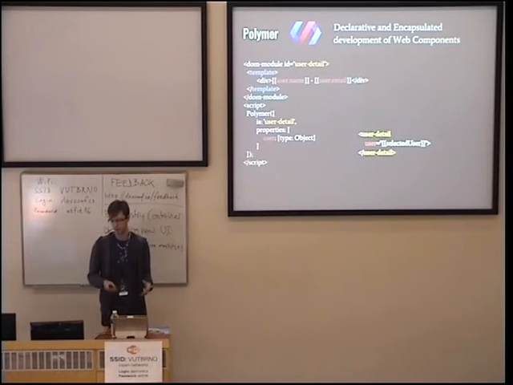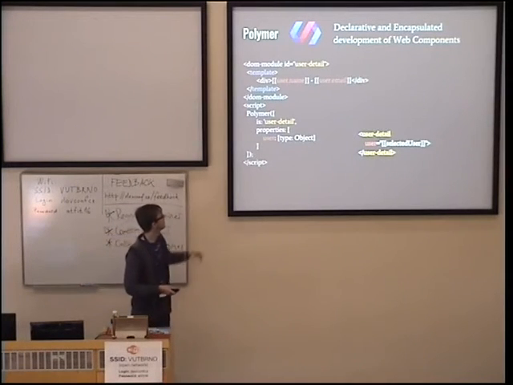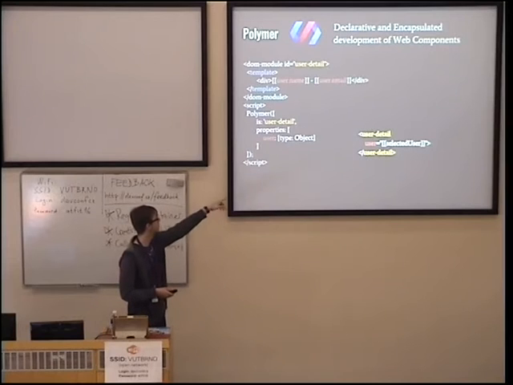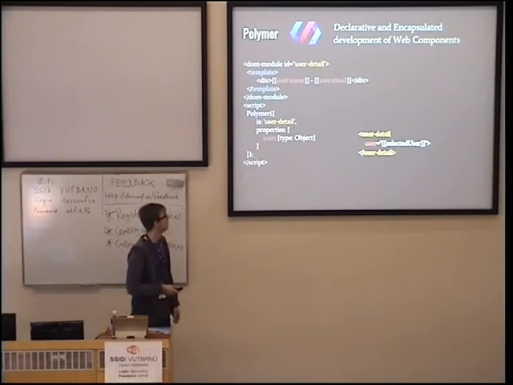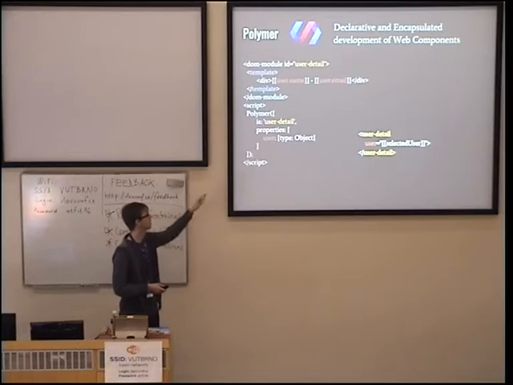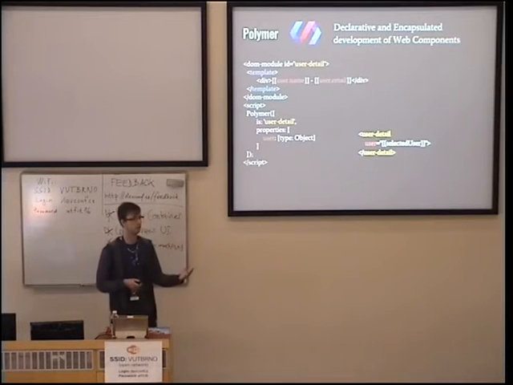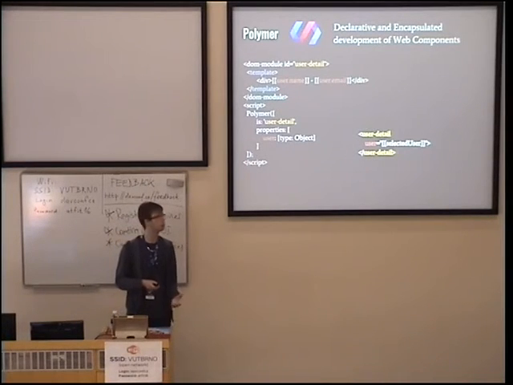And the template just defines how the element should be generated. So in our example of user detail, we want there the name of the user and his email in a div element. And in the properties, we set there the attributes, user attribute. What we define there is a type of object. We can set there also the default value.